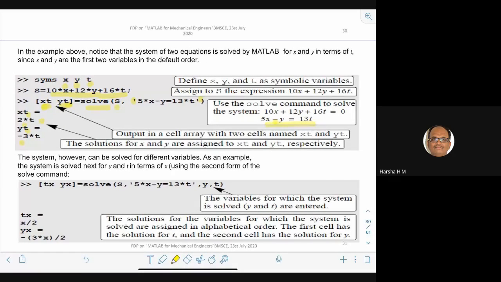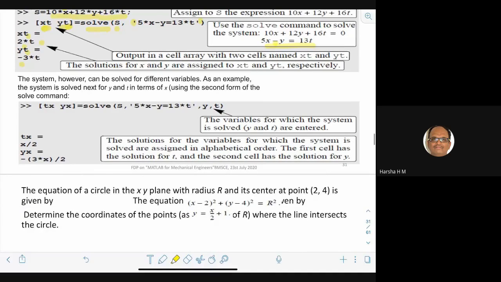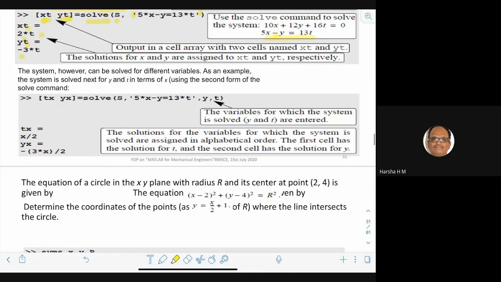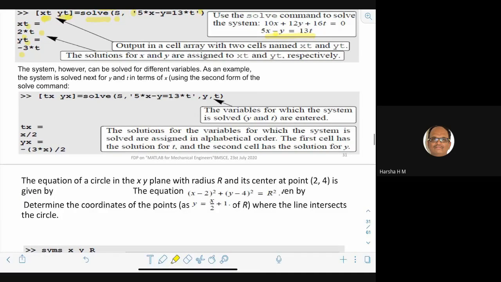But if you have only this part, the system can be solved for different variables. Here, if you observe, solve s as well as this expression for y and t.